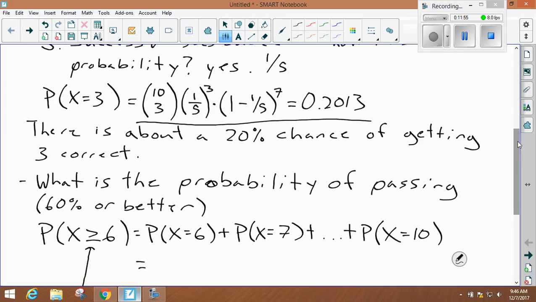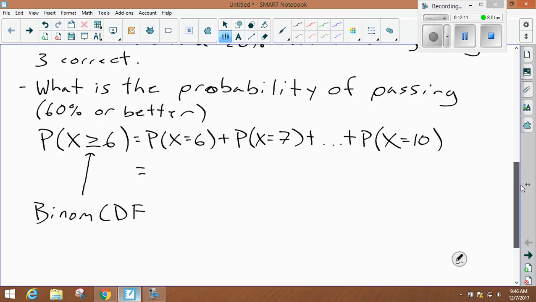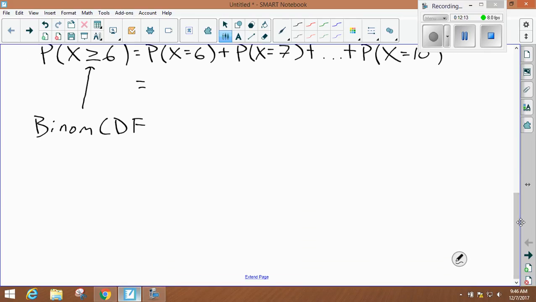And for something like this, where you just have the equal sign, you're going to use PDF, right? So this is just the binomial probability distribution function, and CDF is the cumulative probability distribution function. So it's going to do all of them combined into one.